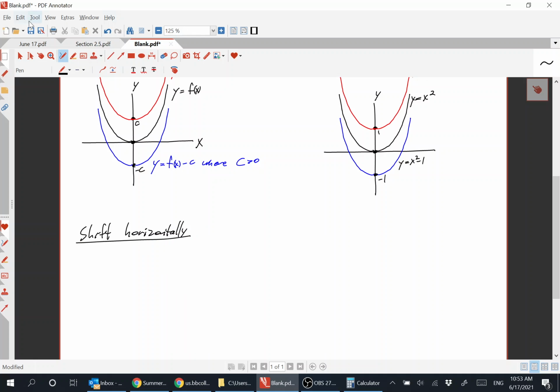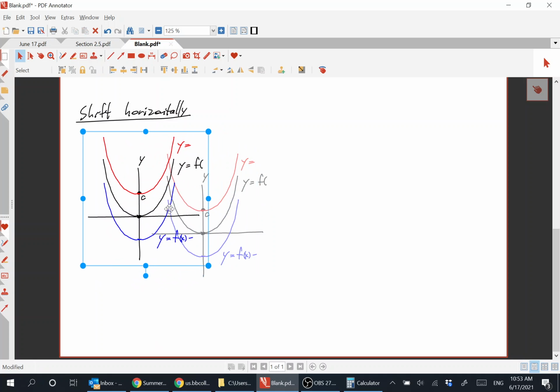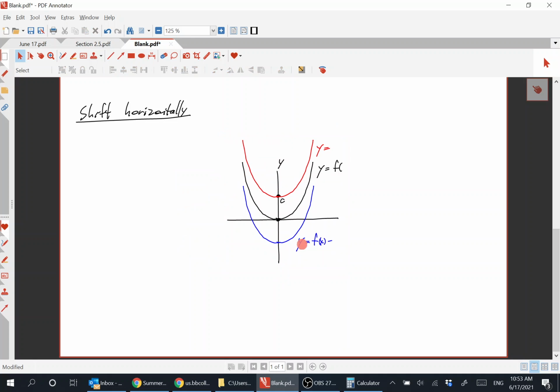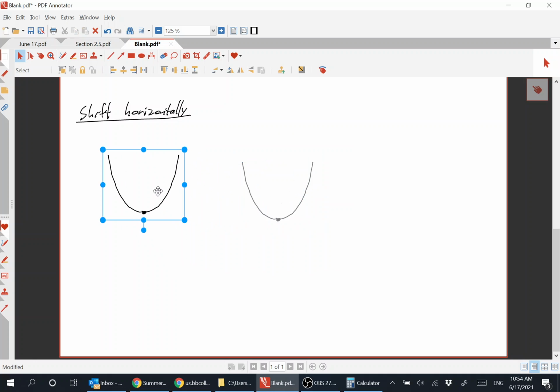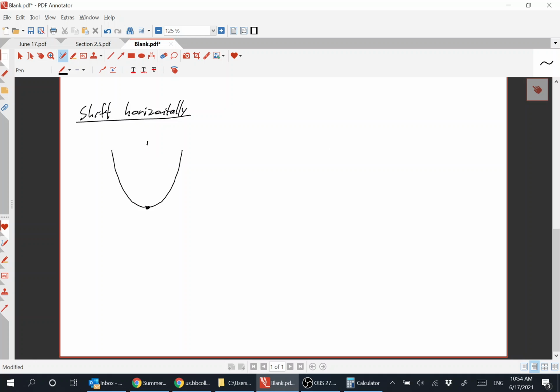Shifting horizontally, so again, this is the graph y equals f of x.